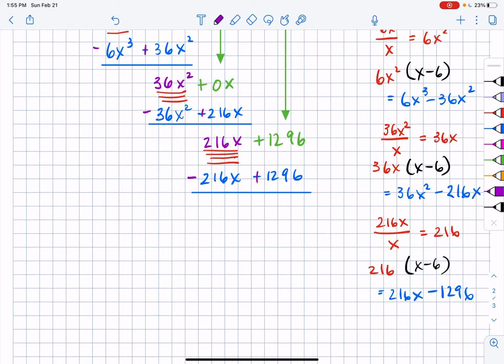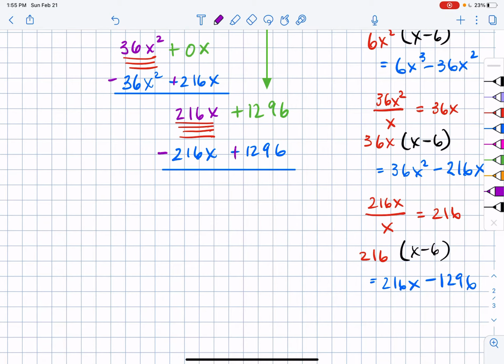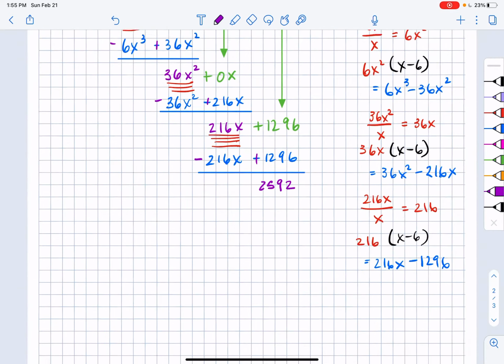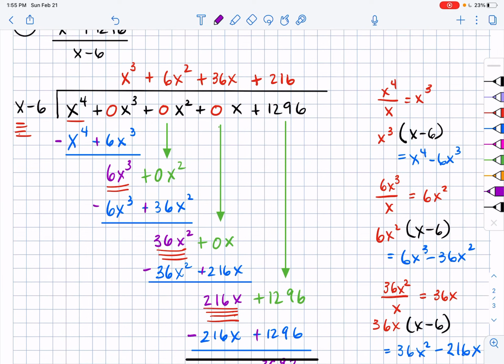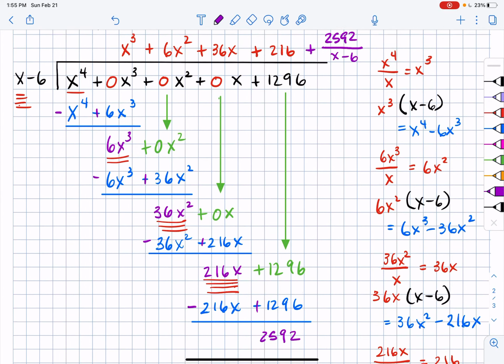So the result is 2592 what's left. You have to be careful with that. So now we bring that up to be plus 2592 over x minus 6. That would be my answer.